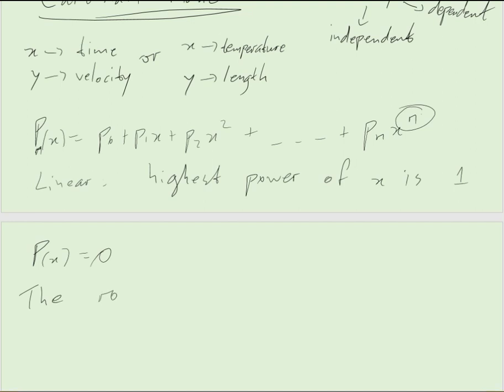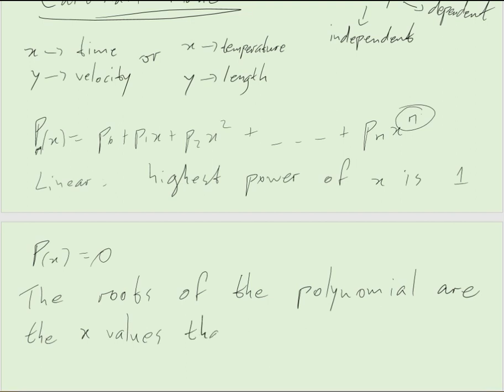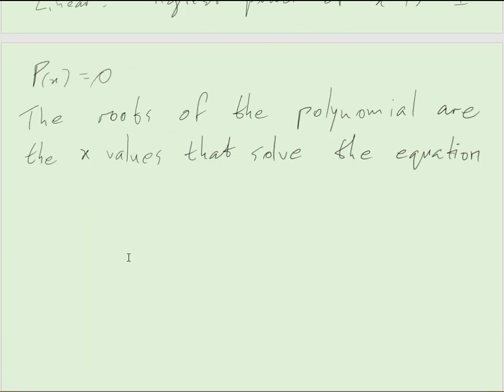The roots of the polynomial are the x values, of course x, because we're using x as our variable here, but it could be any variable. The roots of the polynomial are the x values that solve the equation, and the equation will be whatever the polynomial is, p of x equal to 0.